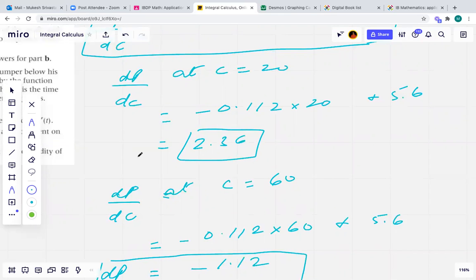At C equal to 60, the rate at which profit changes is negative. This means profit is actually decreasing. No, it's not decreasing. It is increasing at a slower rate.